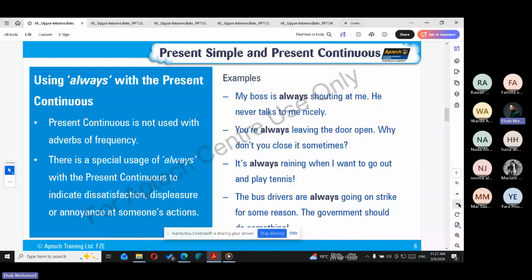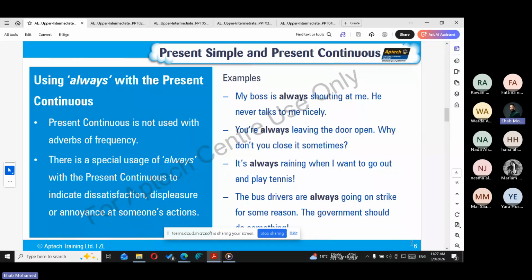This is better when you speak, because it conveys the meaning more accurately than saying it, it's always raining when I want to go out. No, you need to use it like this: It's always raining when I want to go out and play tennis.